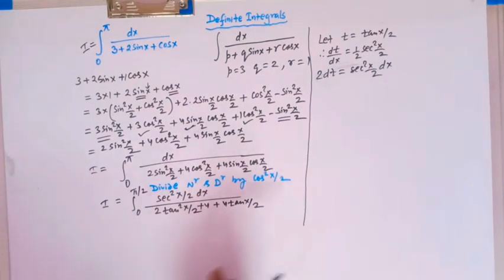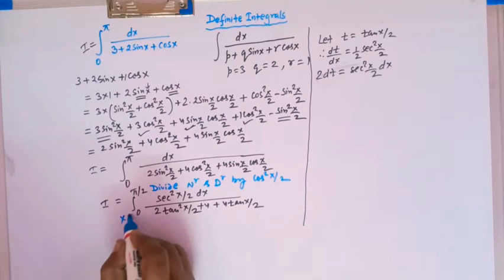Okay, now let us change the limits here, because here x varies from 0 to pi by 2.